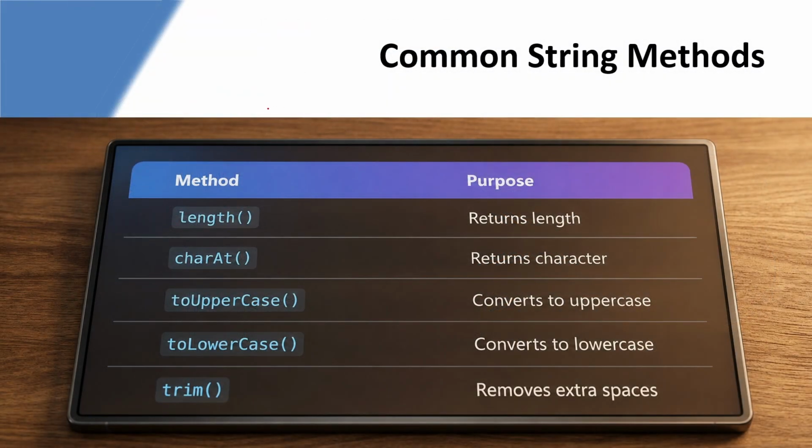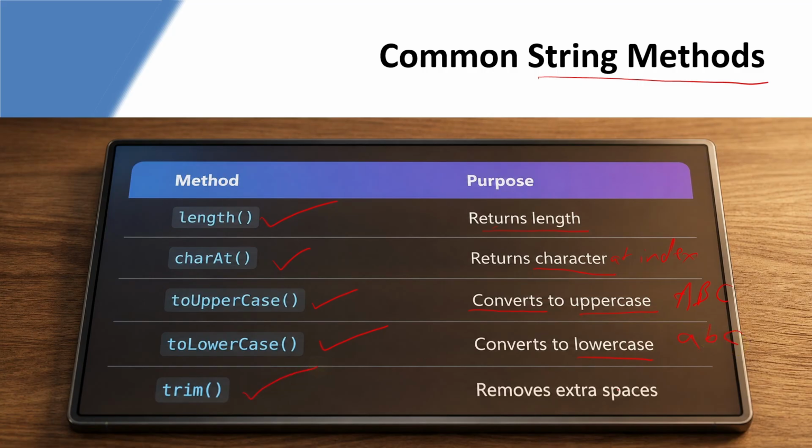And also we have seen different useful string methods. So length, to calculate the length of the string, charAt, to return a character at a particular index, and toUpperCase. It will convert the string to uppercase. Uppercase means capital letters A, B, C, and toLowerCase will convert to lowercase, small letters a, b, c.